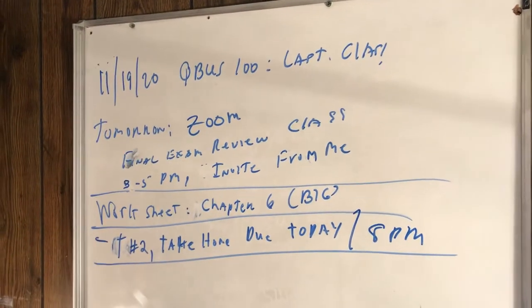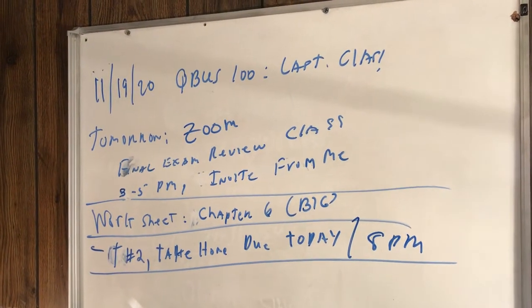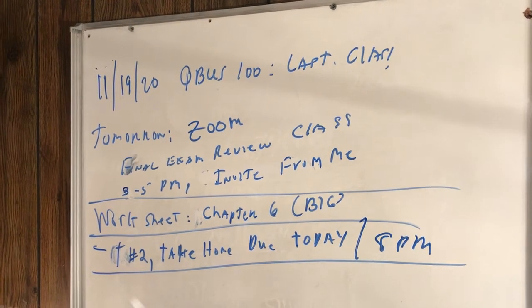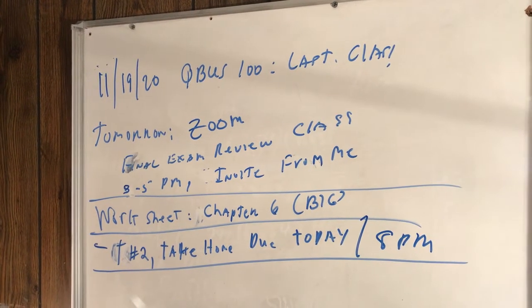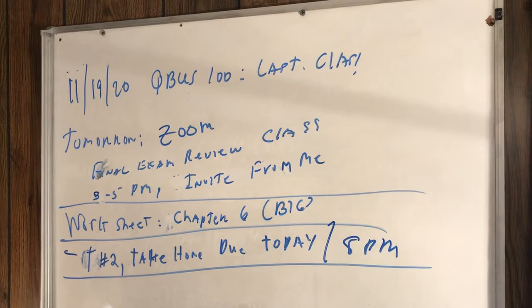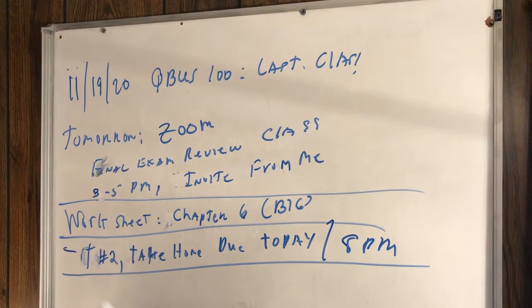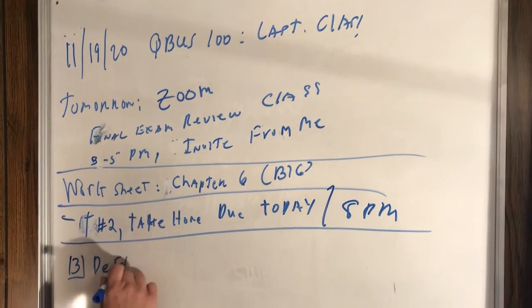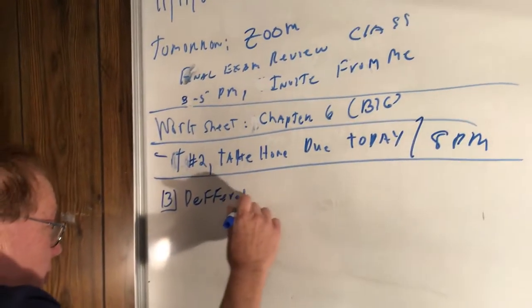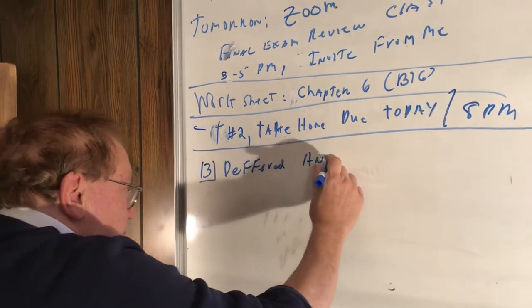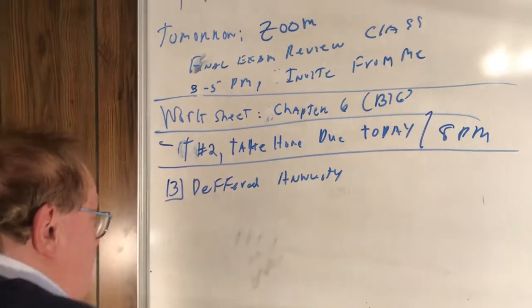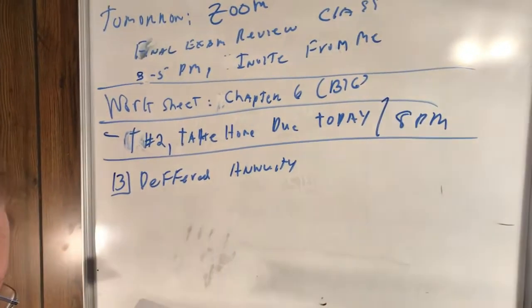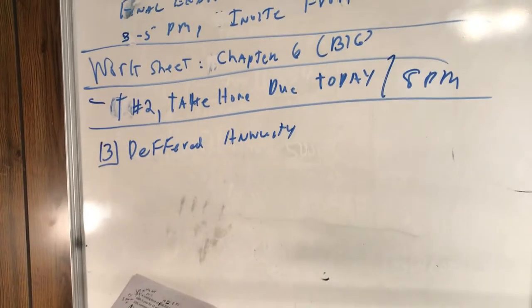All right, so today we're going to look at the worksheet as we were doing the last time and go over some problems. I think we were doing 13, which was a deferred annuity. And we're only going to look at deferred ordinary annuities.